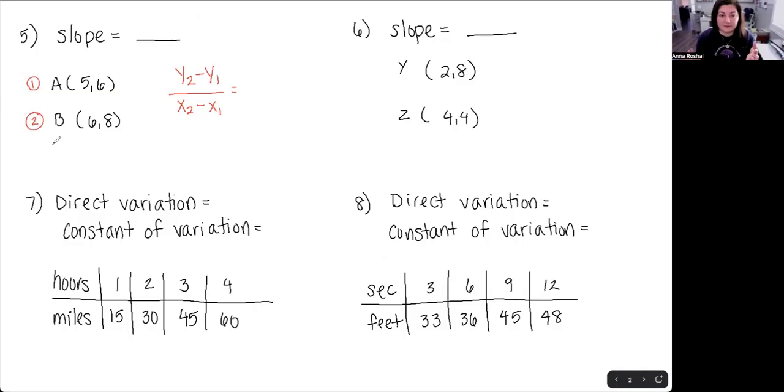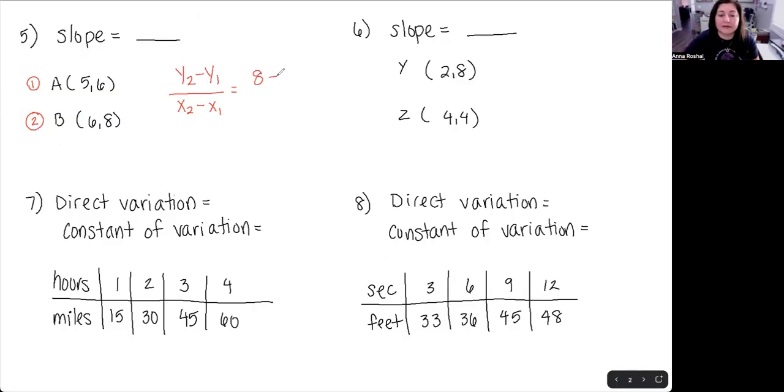You're going to end up with the same slope regardless. It just might be that you have a positive and a positive in the numerator and the denominator, or a negative and a negative. It's also very possible that your numerator might be positive and your denominator might be negative, and it might be flipped if you flip around the points. But it does not matter, because your final answer is still going to be the same.